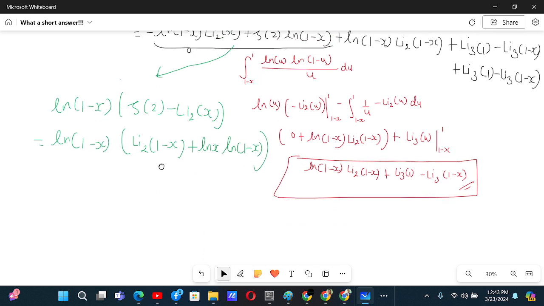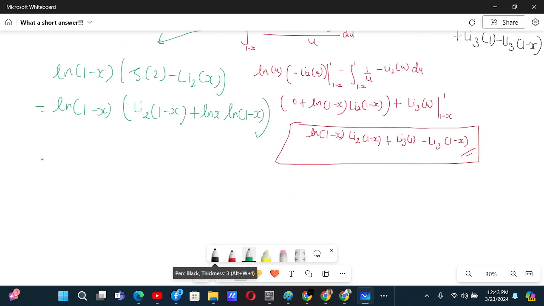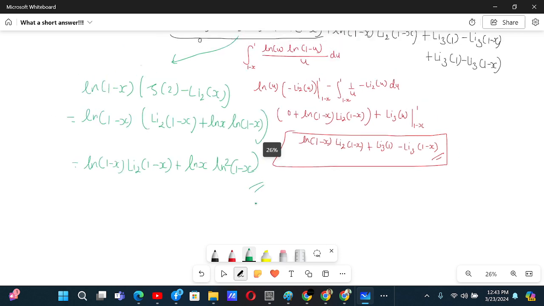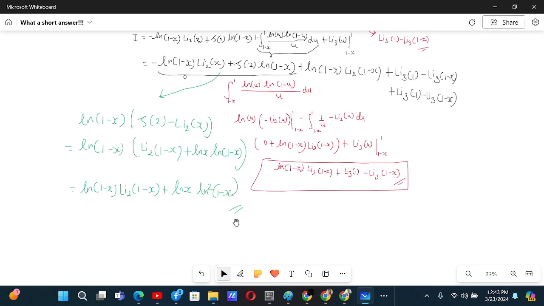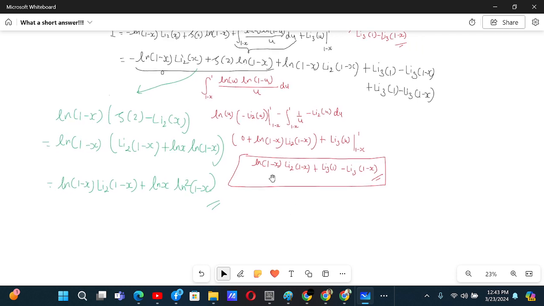Now using this we have ln(1-x) Li2(1-x) plus ln x ln²(1-x). Now from this, let's write the answer again.